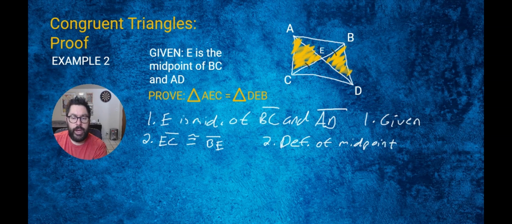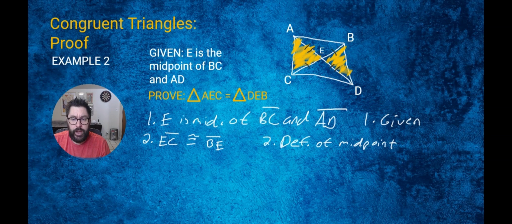All right, and then we have a similar thing because E is the midpoint of segment BC, but also segment AD. So we're going to put the marks on there. That means this half equals this half, so we'll just mark it on here. 1, 2, 1, 2. And if you're like, why is he using 2 marks instead of 1?